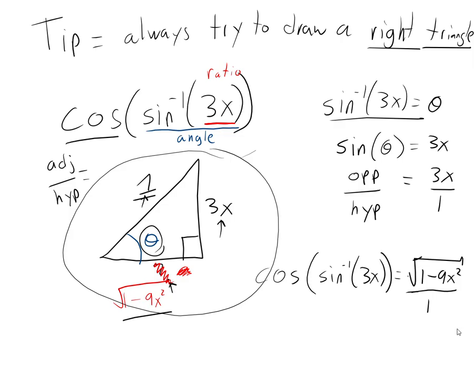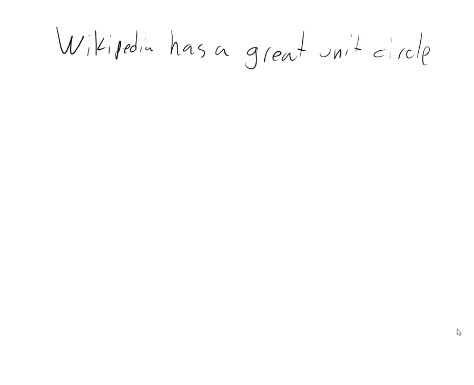Okay? All right. If you are looking for a unit circle, for the record, I think Wikipedia has a great unit circle. And it also has some good trigonometric terms, just to go through them one more time. Remember, sine: opposite over hypotenuse. Cosine: adjacent over hypotenuse.